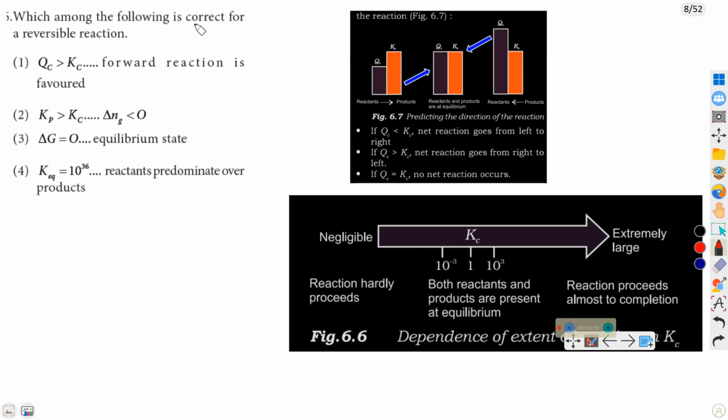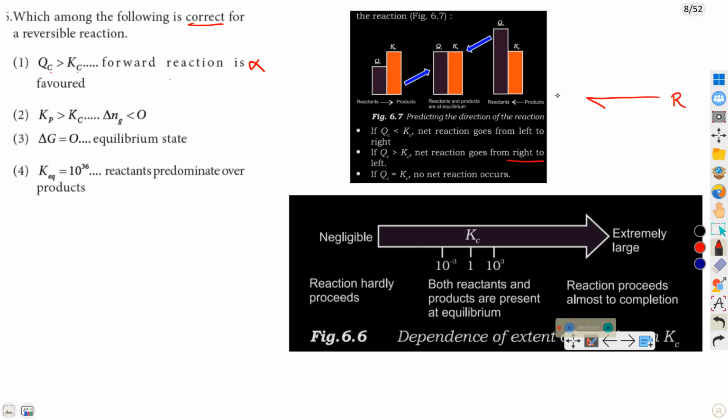Which among the following is correct for a reversible reaction? QC greater than Kc, forward reaction takes place. This statement is wrong. How? QC greater than Kc, then reaction goes from right to left, right side to left side.